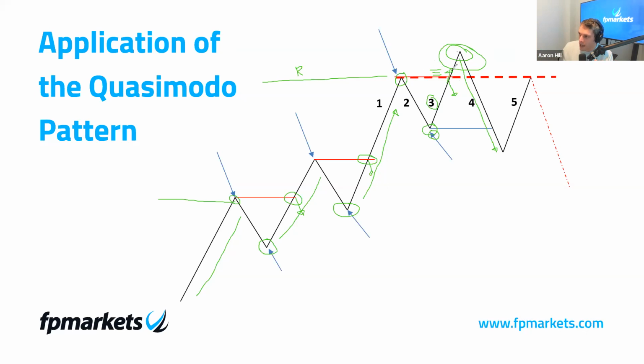So once we've clicked above here, and then we come down, we've formed what's known as a bull trap. We've trapped all of those breakout buyers in that market. And we've also trapped those looking to short at this point here.